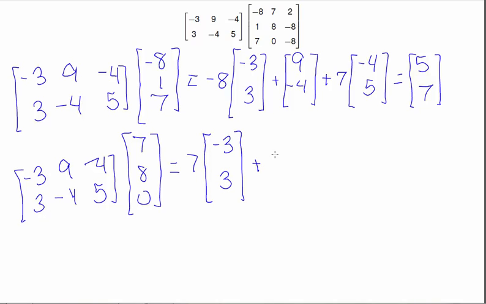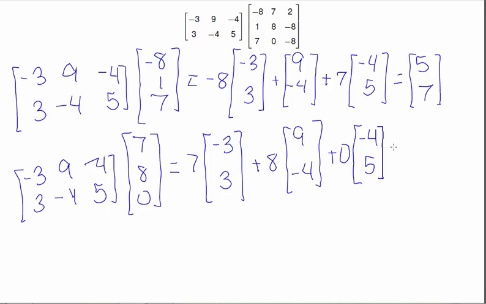We have 8 times 9, -4. And we have 0 times -4, 5. So this time when we add them up, I get -21 plus 72, which is 51. And then 21 minus 32, which is -11.